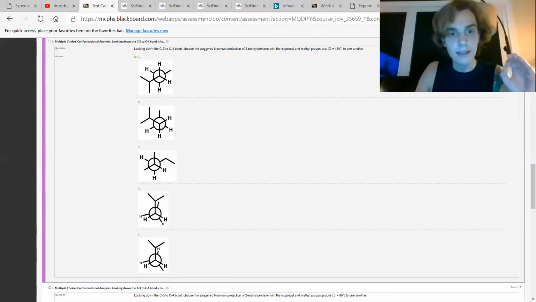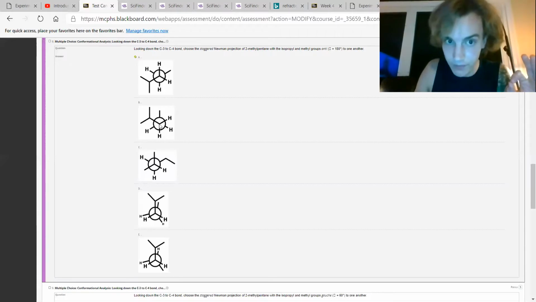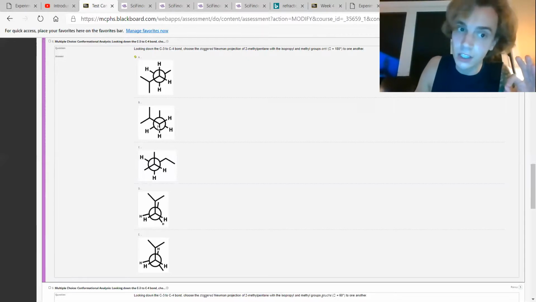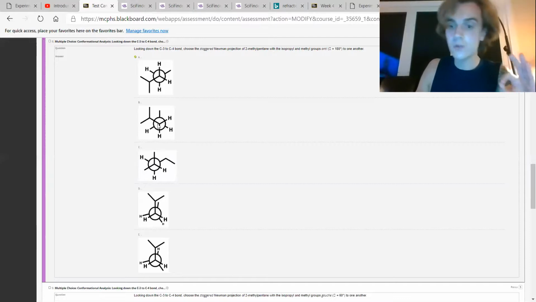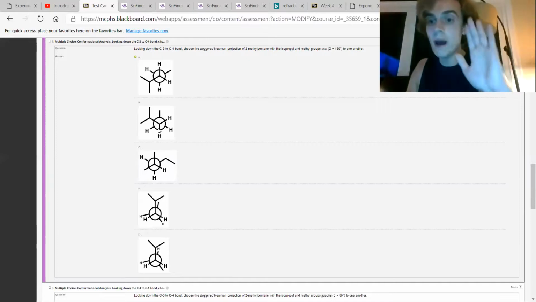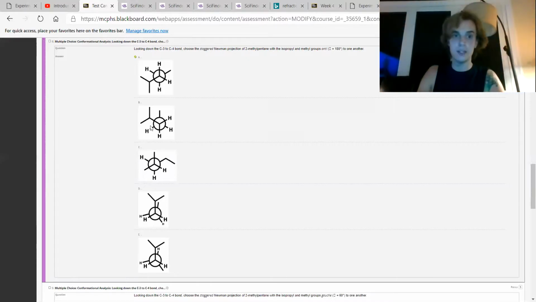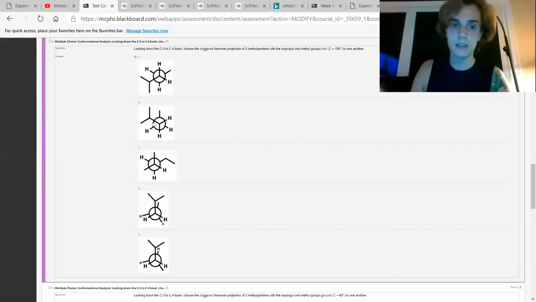So we're assuming that this 1 point in the middle is 1 carbon, the one closer to you, and the entire circle is 1 other carbon connected to it, facing away from you, going into the Z dimension. That's the best way I can explain to look at it.